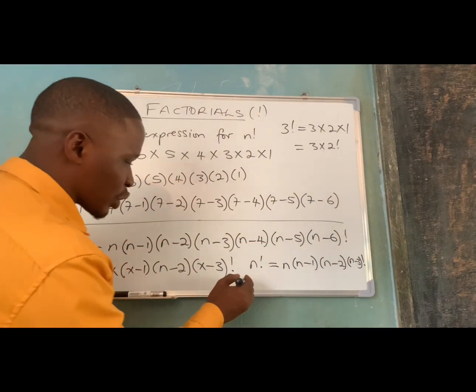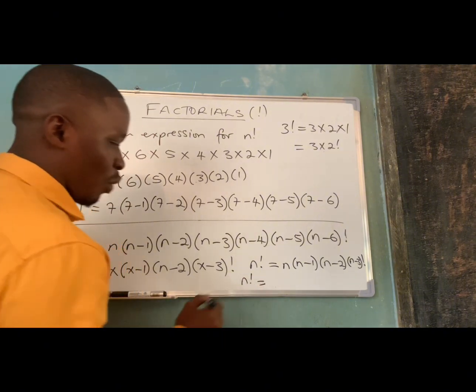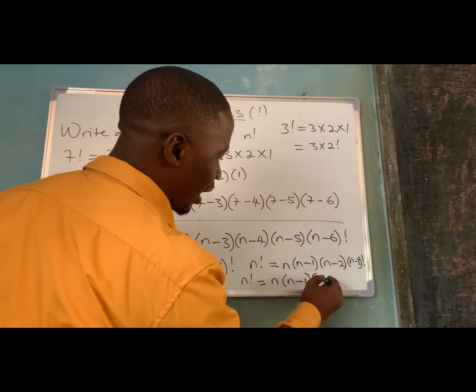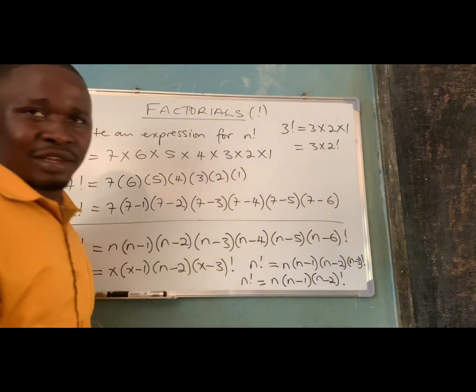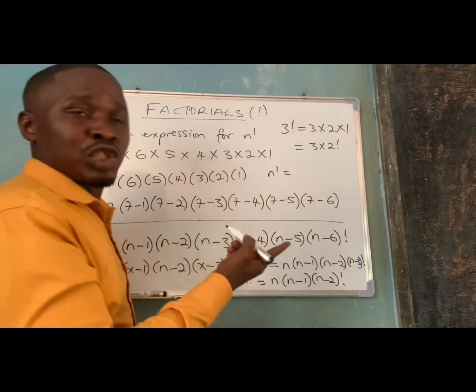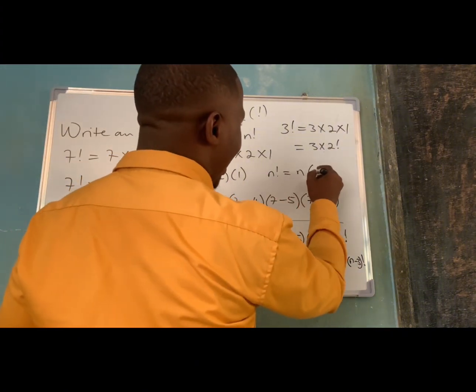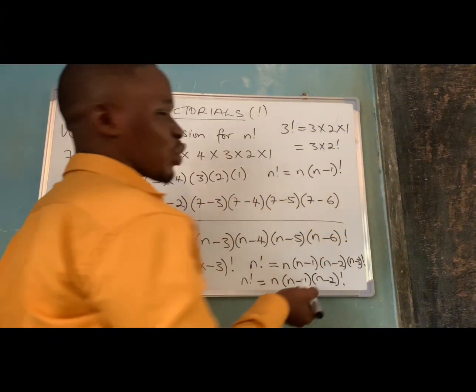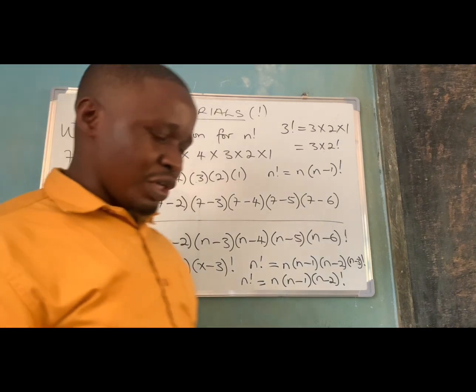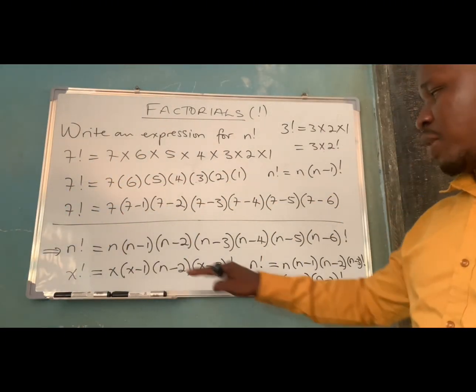We can even say n factorial is equal to n multiplied by n minus 1, n minus 2, factorial. We can even choose to say n multiplied by n minus 1, factorial. The most important thing, there must be a factorial. So this is how we write an expression for n factorial.